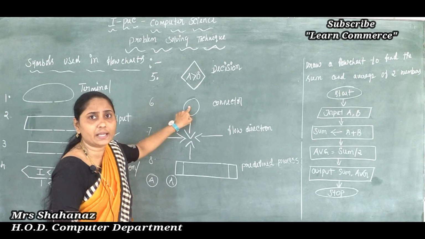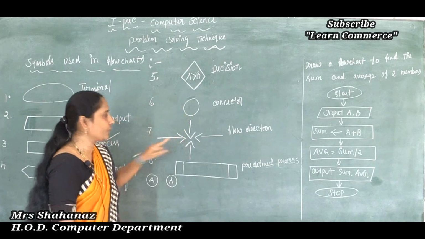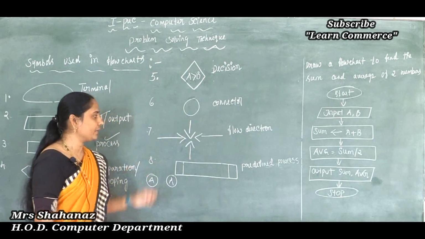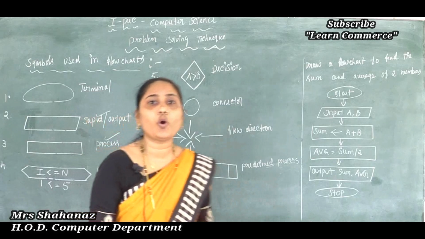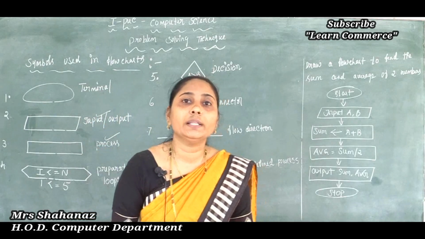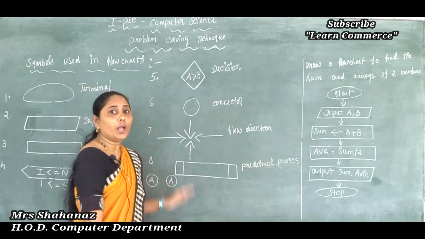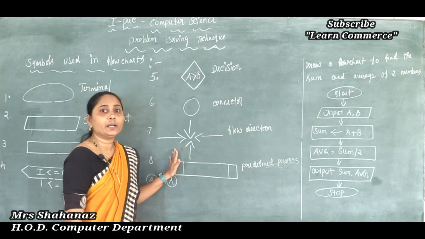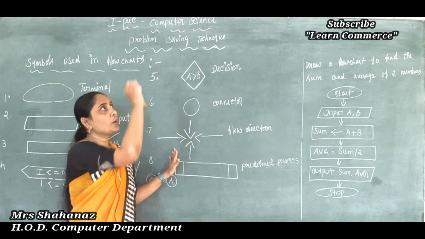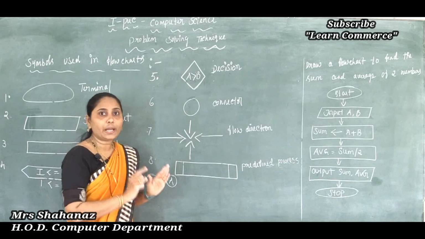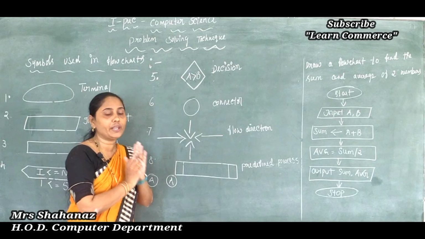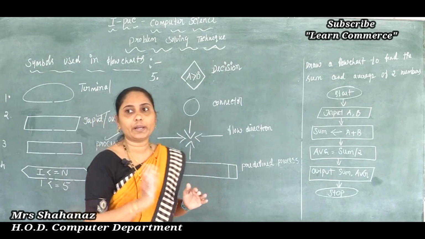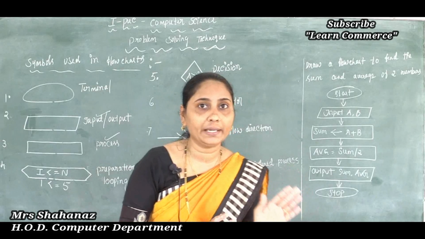The symbol name is the connector, and the next symbol, the seventh symbol, is the flow of direction, the direction of data flow. Sometimes the data does not flow from top to bottom. Depending on the decision, we need to flow the data from right to left. Clear this point?